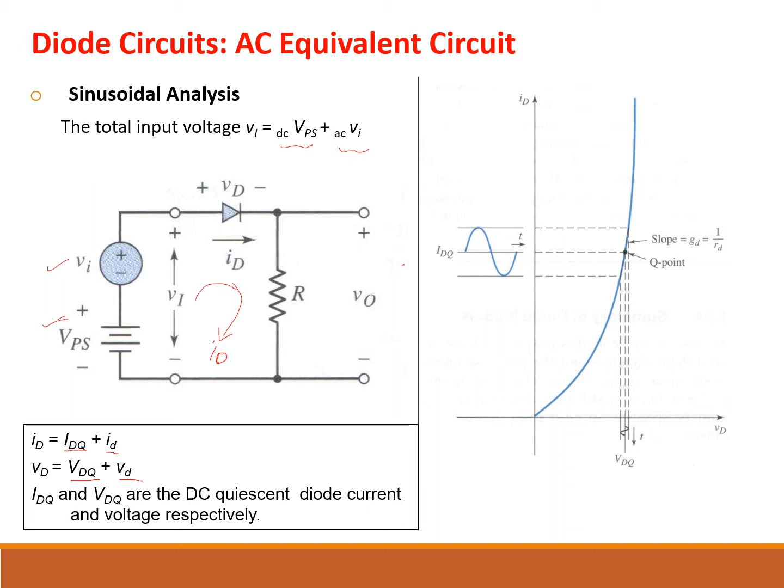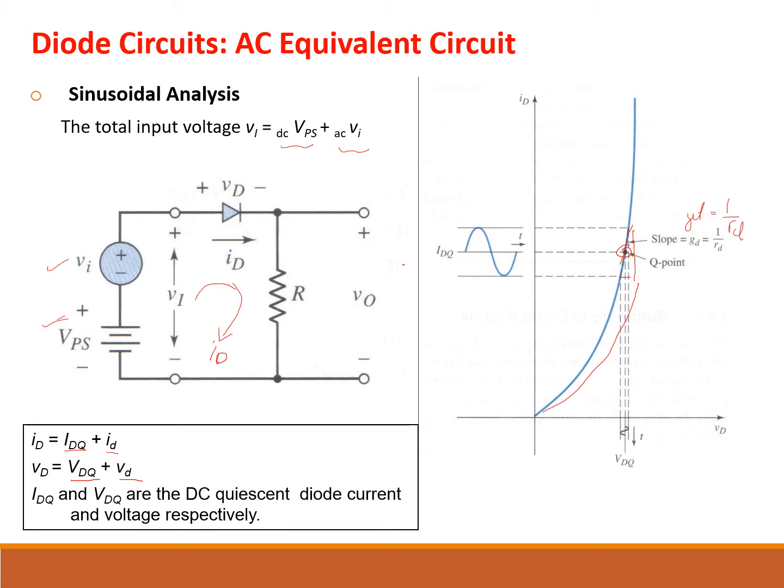If we look at this graph, this is the ID current curve. Let's say we already found out that the Q point, or the biasing point, is here. We need to find the slope here, and the value of the slope will be GD, which is equal to 1 over RD.